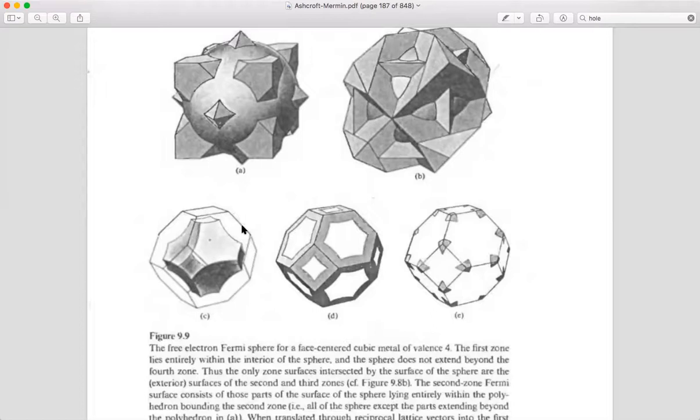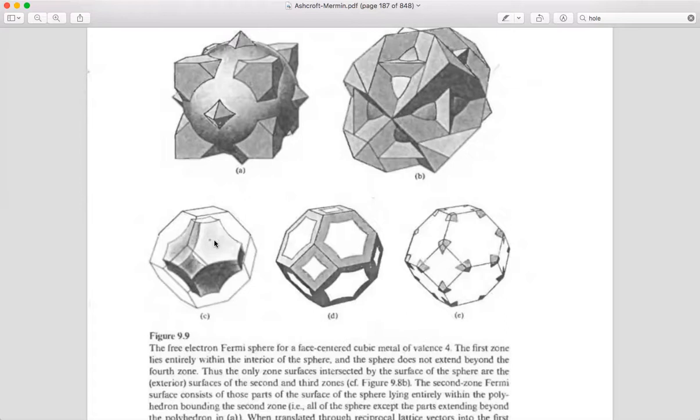Now, how is that possible? Well, that is possible because we have obtained this surface by translating some surfaces from the higher Brillouin zone back into the 1st Brillouin zone. It is difficult to visualize this in 3D, and that too in a complicated thing like an FCC crystal, but I'll give you a 2D example to illustrate the point.